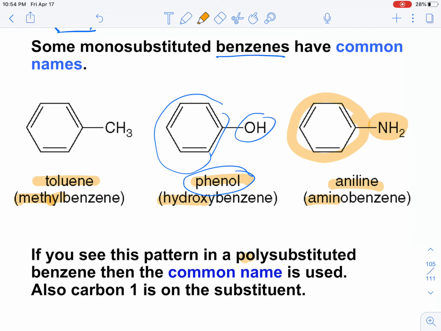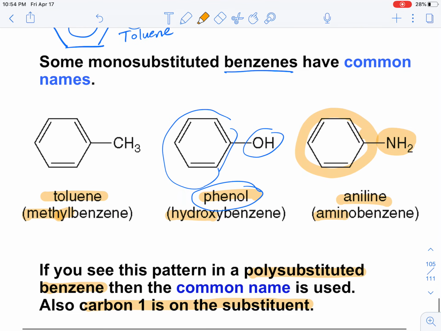And so when you guys have a polysubstituted benzene, and it has one of these structures like toluene, phenol, aniline, you guys are going to utilize the name of these structures when you're naming polysubstituted benzene. And we'll go through some examples. Also, carbon 1 is on the substituent.